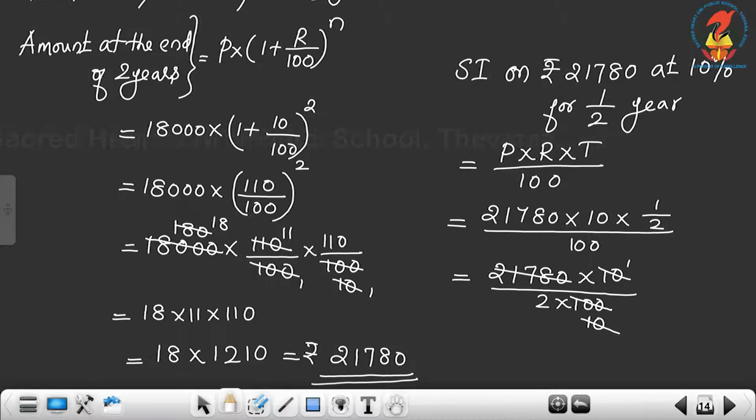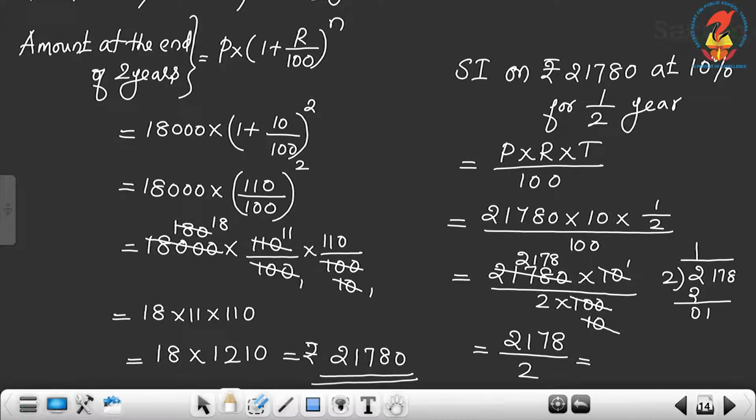This 10 and 21,780 gives 2178. So you will get 2178 divided by 2, which is equal to, dividing by 2, one time 2, 0, 17.